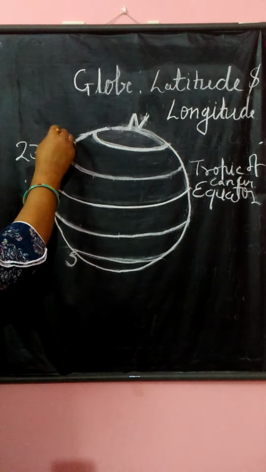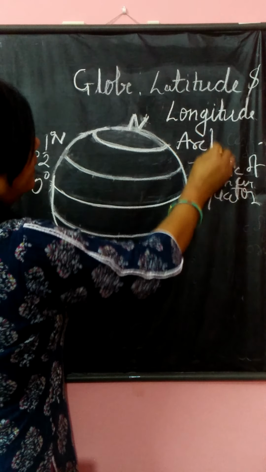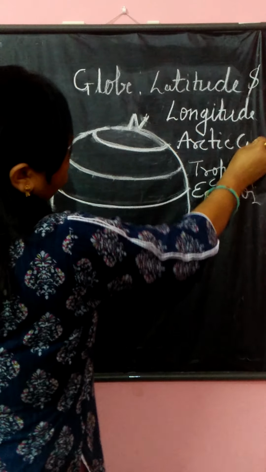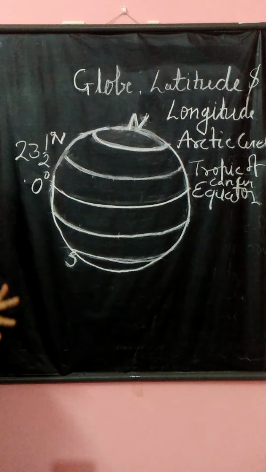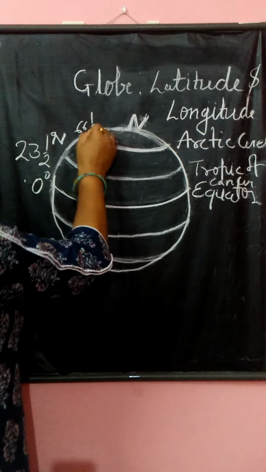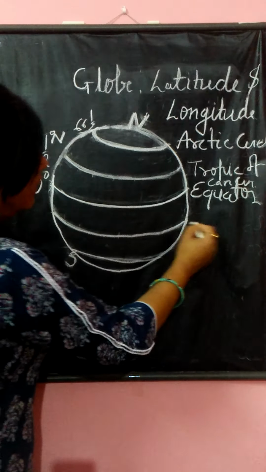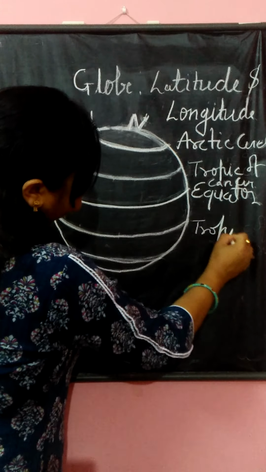Is it clear? And this one is the Arctic Circle, at 66 and a half degrees north.